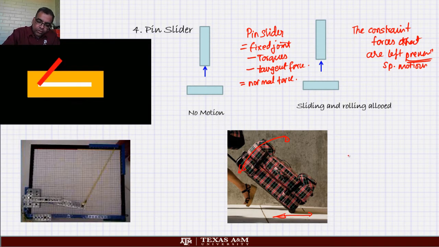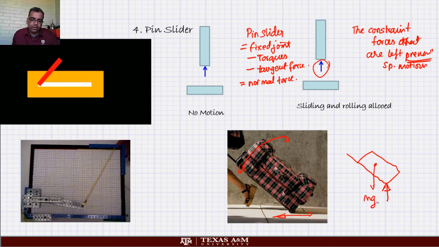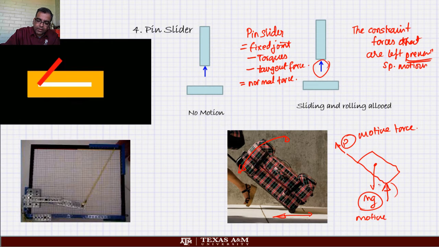For this suitcase, if I were to draw the force at the corner, it will be only this, that's this guy, and then there will be gravity, and there will be somebody who is pulling it. This is the motive force, and this is the constraint.